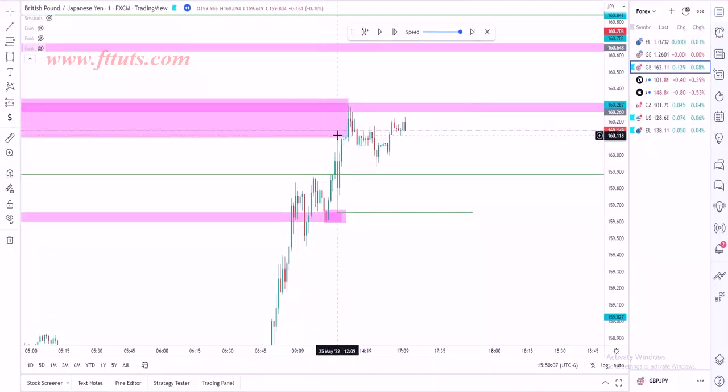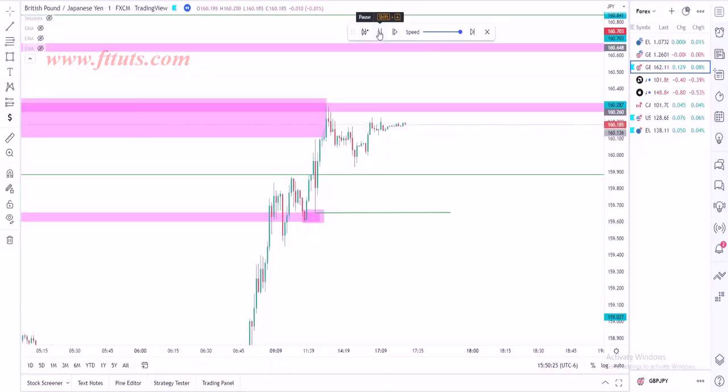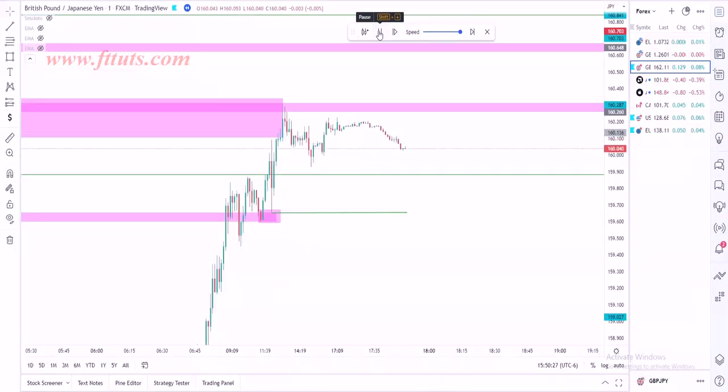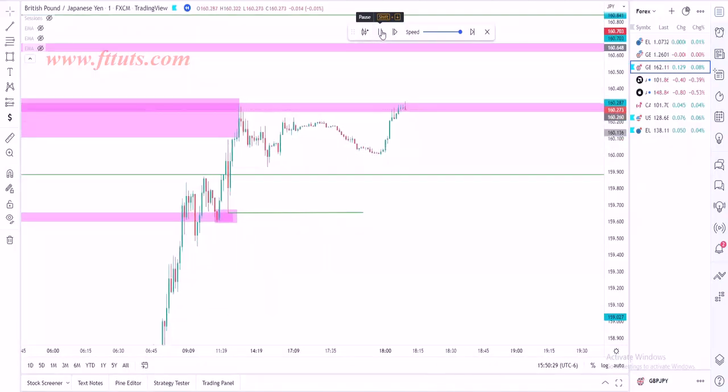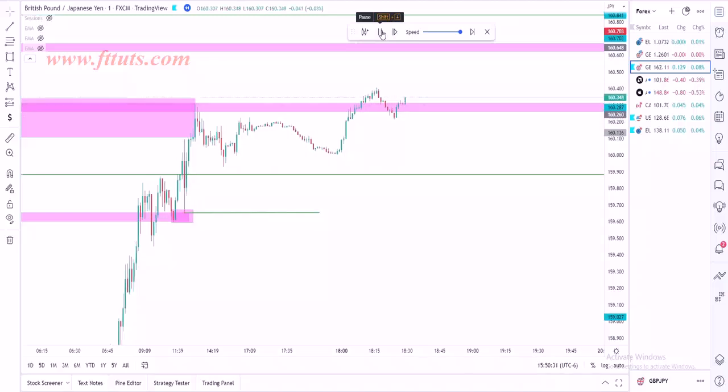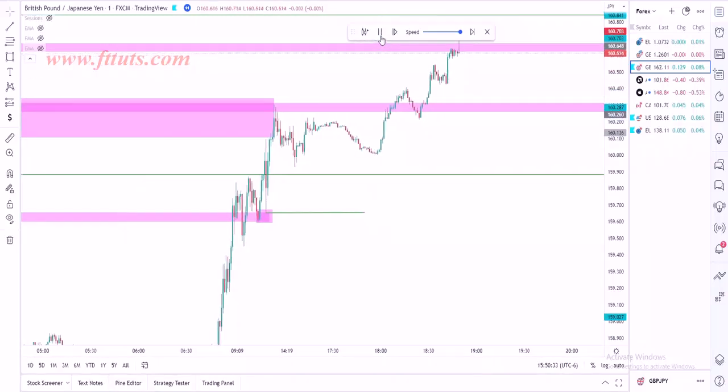Okay, so if there's no obvious pullback, like this is an obvious pullback, this is an obvious pullback, the minimum break of structure that I will go with is at least a red candle up in the bullish run up being broken. Like something has to be broken in order to be a catalyst for taking the actual trade. If it's not, price just isn't telling us that it's ready to go down or anything like that.